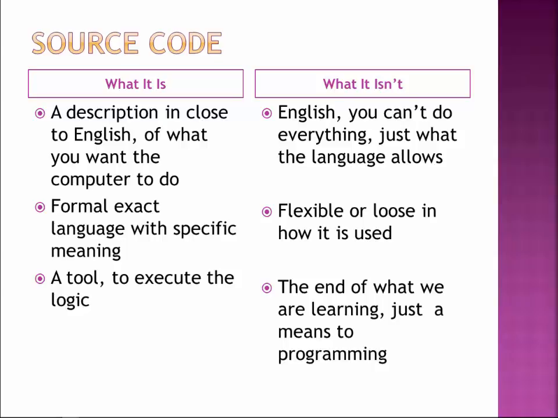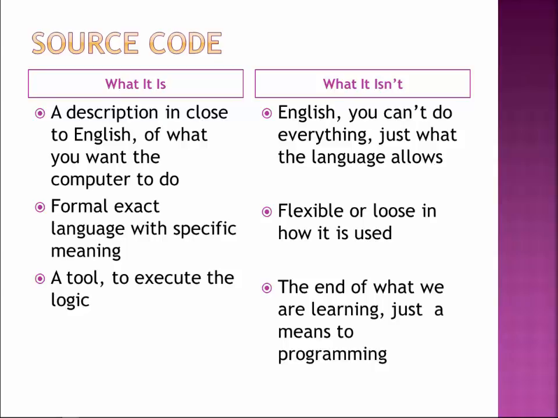Where a computer, to tell it to go over there, I'd have to be very precise. Navigate to latitude 76.122.33, longitude, whatever that formula, those numbers would be. I have to be exactly perfect inside of that. And so source code becomes this tool that enables us to talk to computers and hand it logic to execute.